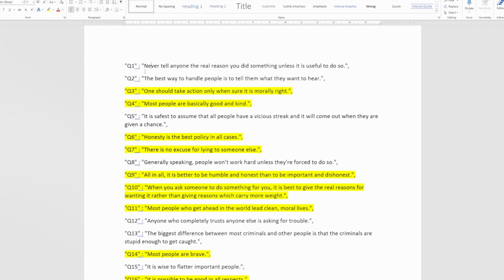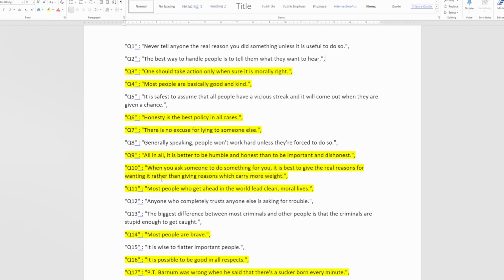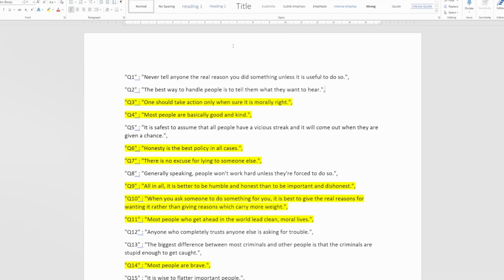For instance, question 1: never tell anyone the real reason you did something unless it is useful to do so. Okay, so that is pretty easily interpreted as higher levels on this response represent higher levels of Machiavellianism. However, question 3 and all the subsequently highlighted ones represent a kind of inverse on the construct of Machiavellianism.